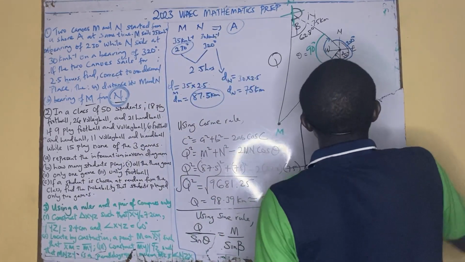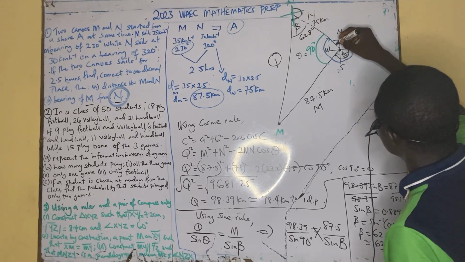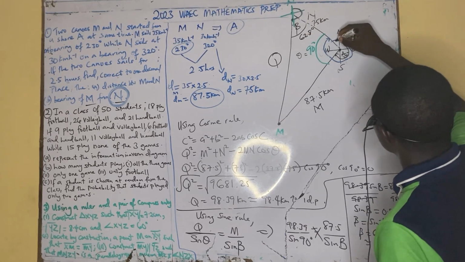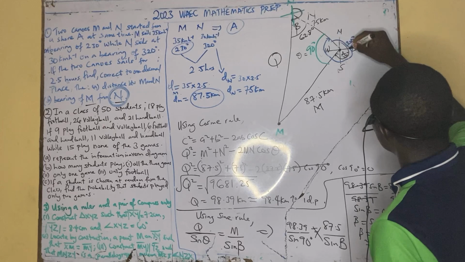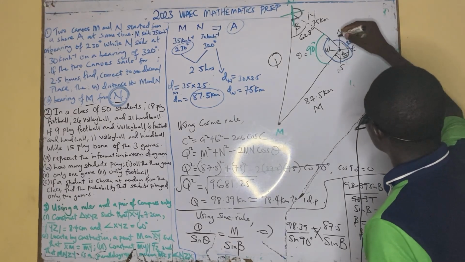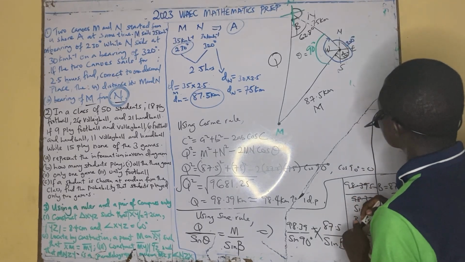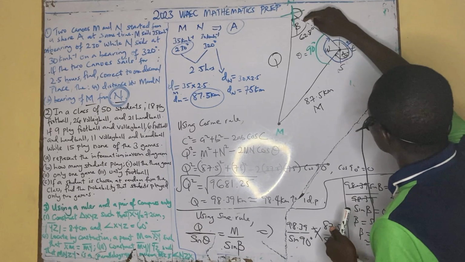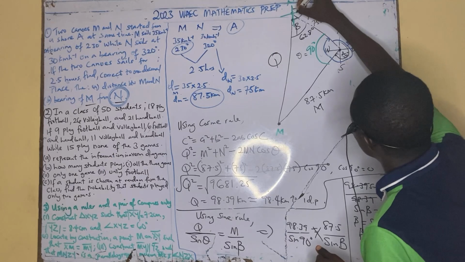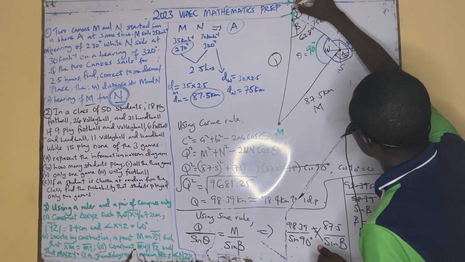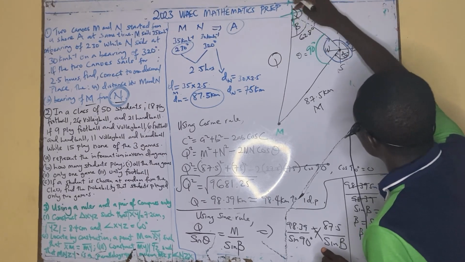If you cannot get this angle, you can go back to this place and say, from here to here is 230 degrees, and from here to here is 320. So what is the angle between here and here? That's the question you are going to ask yourself. Please note this is a very critical question. Because if you can get this angle, you can add it with this to give you the angle here.